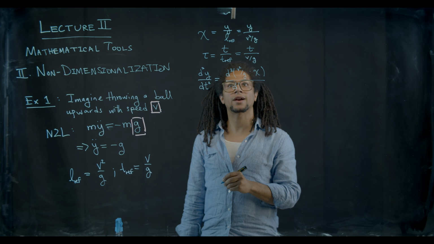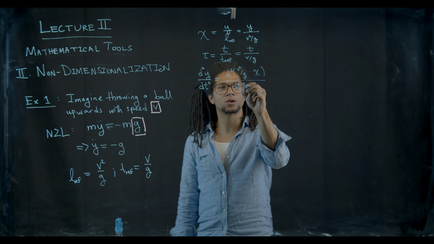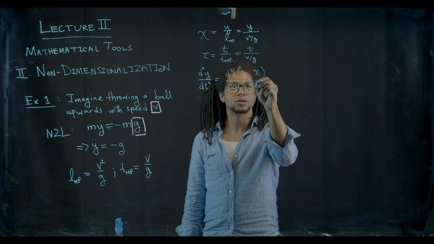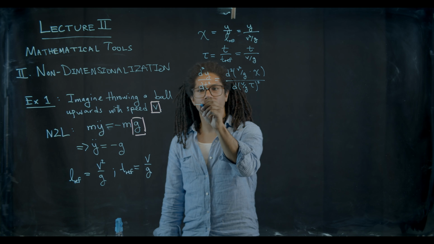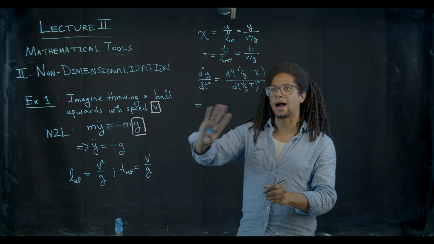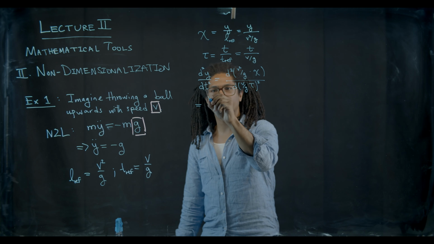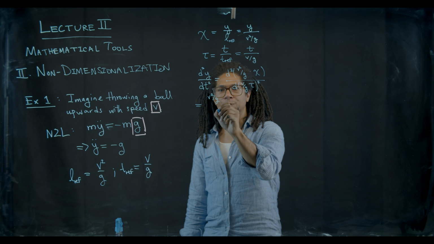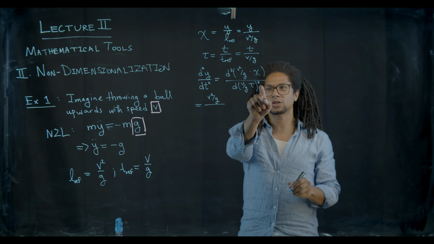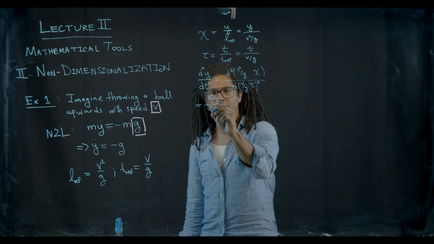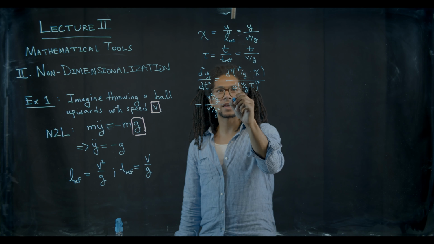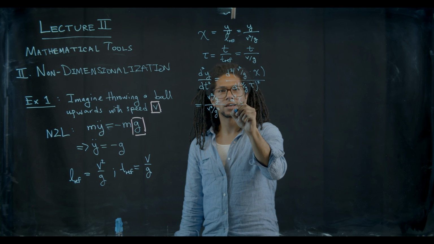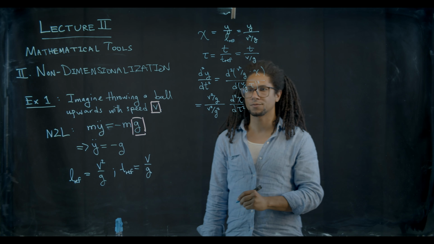But t squared is the same as v over g times tau squared. All right, let's bring all of the constants outside. In the numerator, I'm pulling out a v squared over g. In the denominator, because of this squared here, I'm pulling out a v squared over g squared. Then I'll get d squared chi d tau squared.